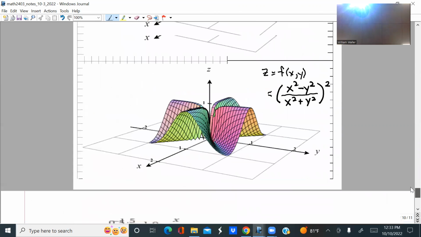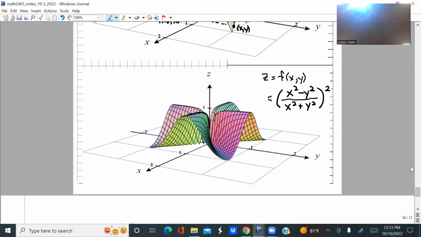It looks like this. So it's a very nice surface. You've got these nice undulations there in the surface. Very pretty. Unfortunately, you cannot see exactly what is going on right there at 0, 0. It doesn't look, however, like the surface is falling off to negative infinity, because I don't see anything down here.